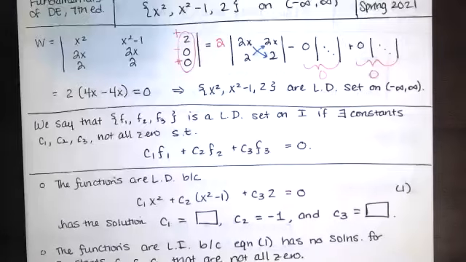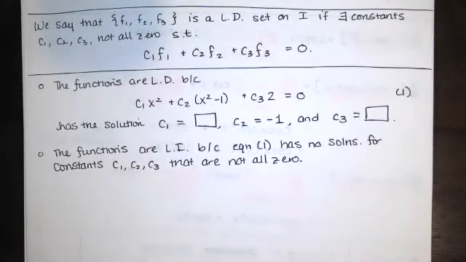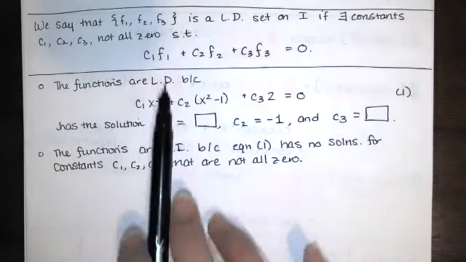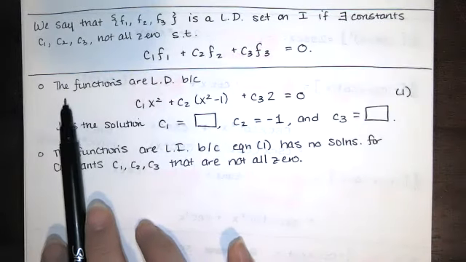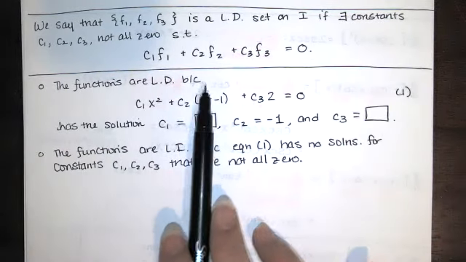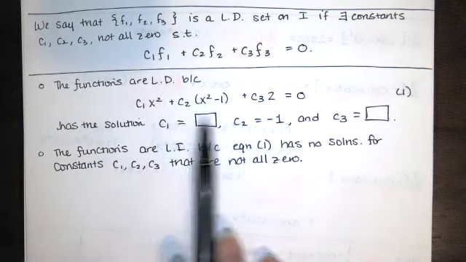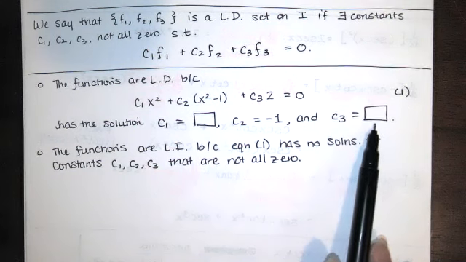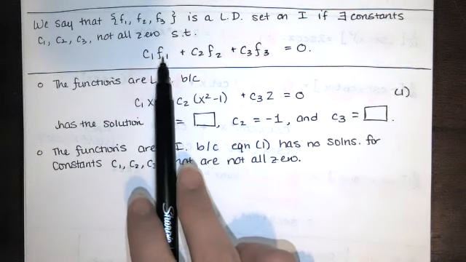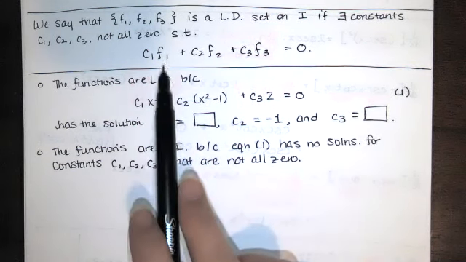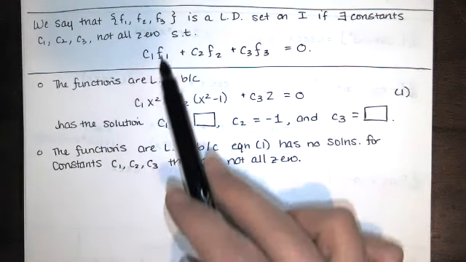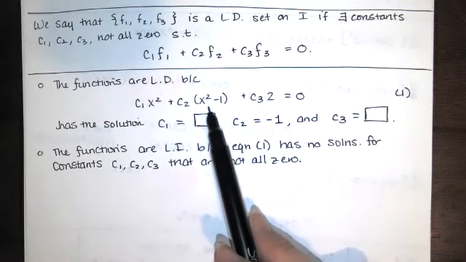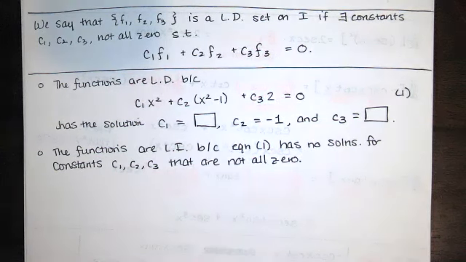Okay, so these are the options that we have. Now, all they have done here is they say the functions are linearly dependent because this equation has the solution C1 equals blank, C2 equals -1, so they gave you C2, and C3 equals blank. And instead of having an F1, F2, and F3, they substituted our first function x squared, our second function x squared minus 1, and our third function 2.